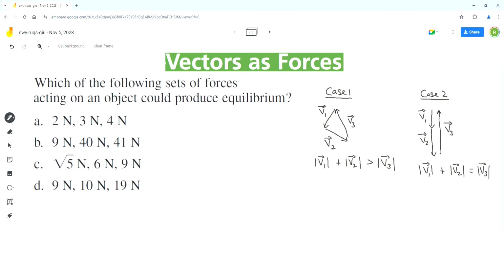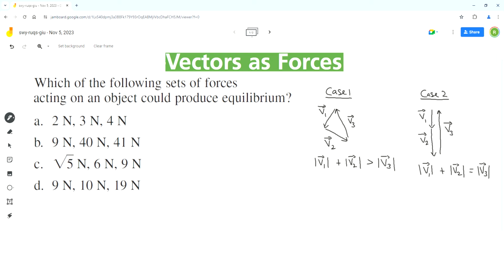Now in this problem, we are focusing on the magnitude because in the given sets, we are only given the magnitude of the forces, we are not given their directions. So from these two cases, we can conclude that a set of three forces is in equilibrium if the sum of the magnitude of the two smallest forces is greater than or equal to the magnitude of the third force.